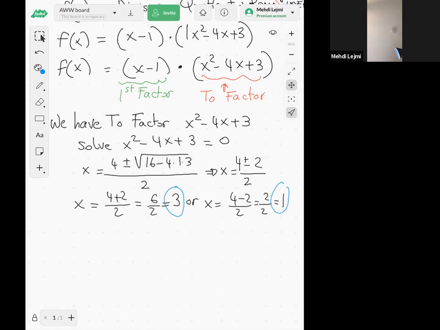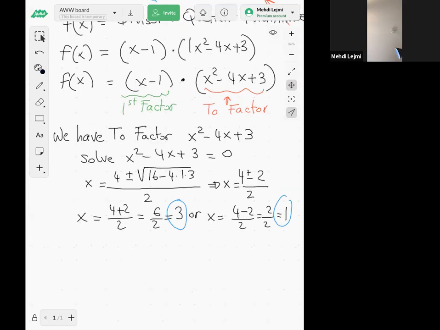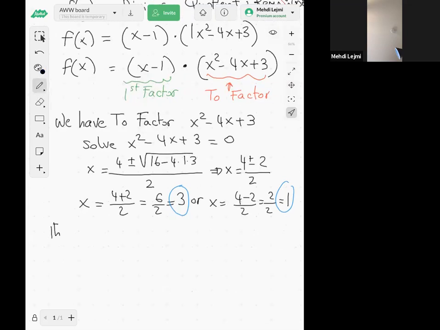Sure. So what I'm saying, guys, is that because you have 3 and 1, this x squared minus 4x plus 3 can be written as x minus 3 times x minus 1. So what I'm saying is that this x squared minus 4x plus 3 would be x minus the first solution, this one here, times x minus the second solution, this one here.